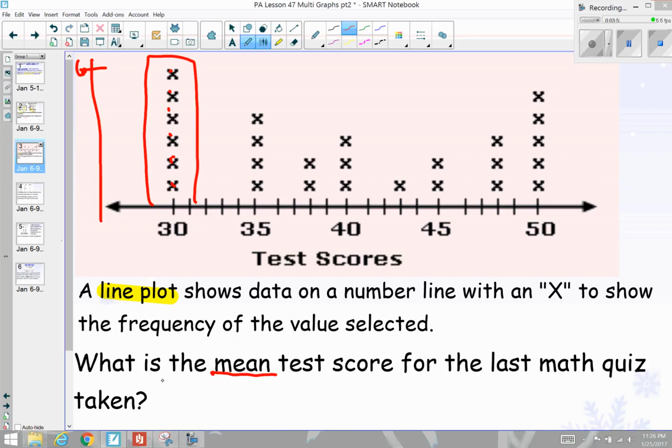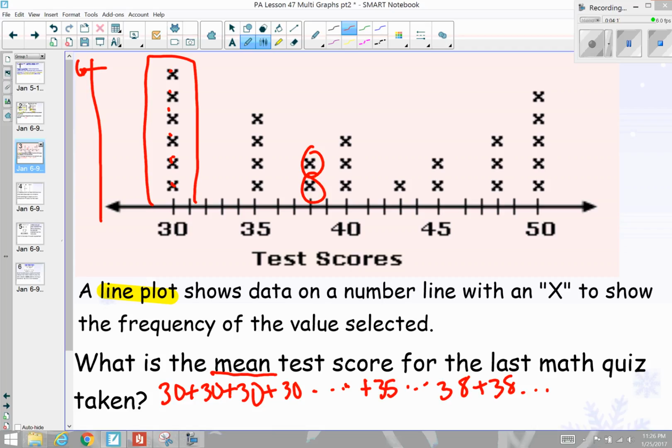On your calculator, you would have 30 plus 30 plus 30 plus 30 and so on. Then you would add on your 35s, however many you had, and then your 38s, and continue on until you included all of your values.